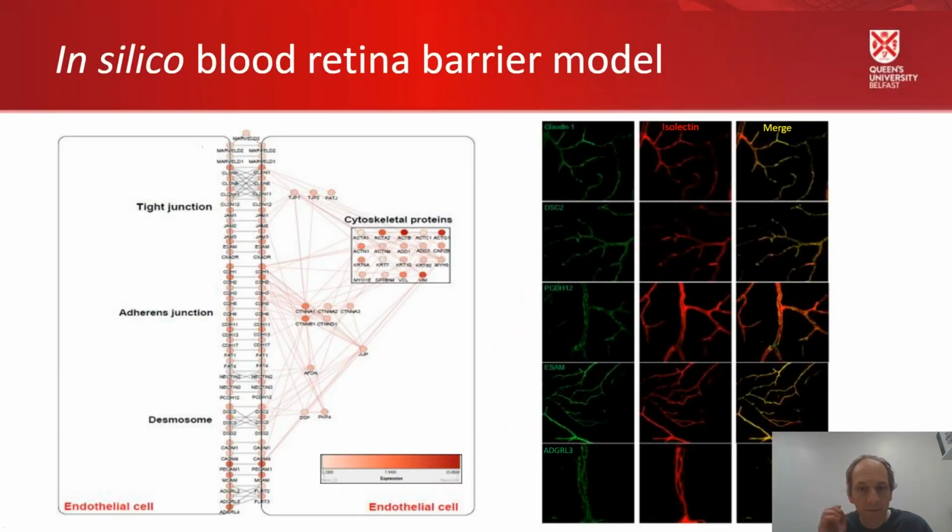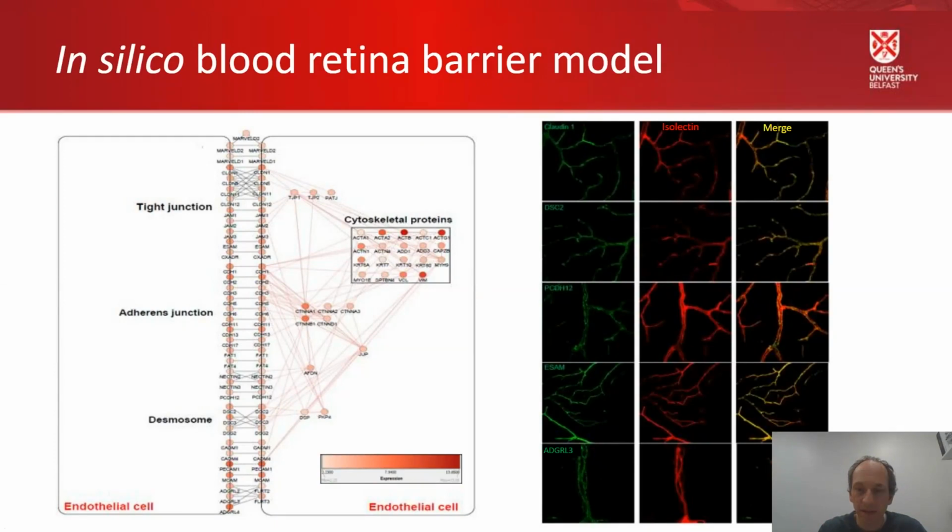So what we're particularly interested in is the barrier function, so the connections between the endothelial cells, because this is what becomes dysfunctional in diabetes. So we used the gene expression data from the single-cell RNA-Seq to see which of the many known potential components of the barrier were expressed.